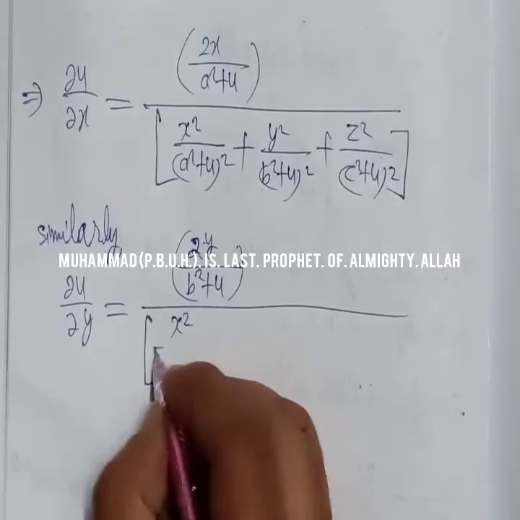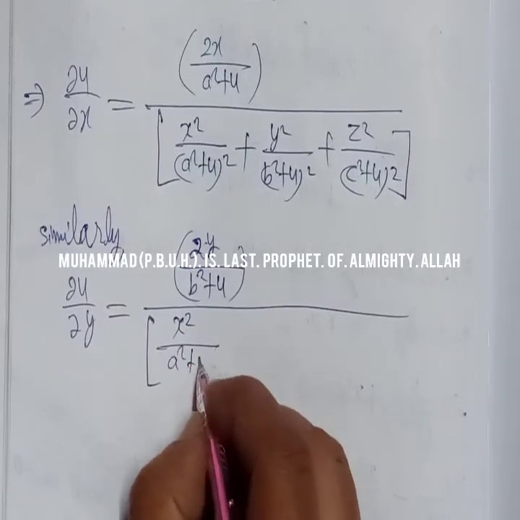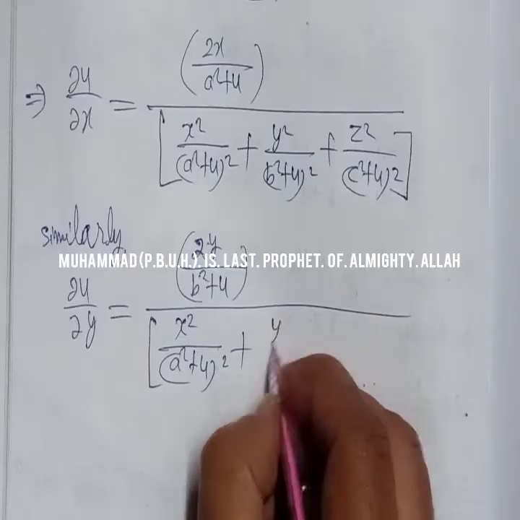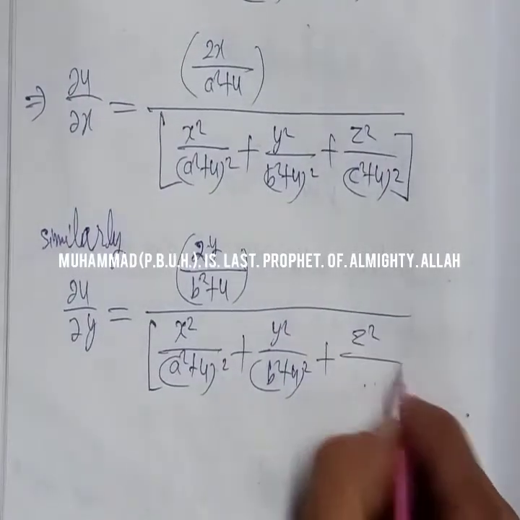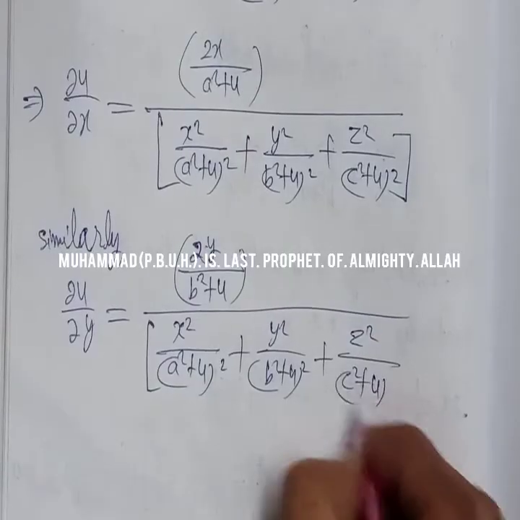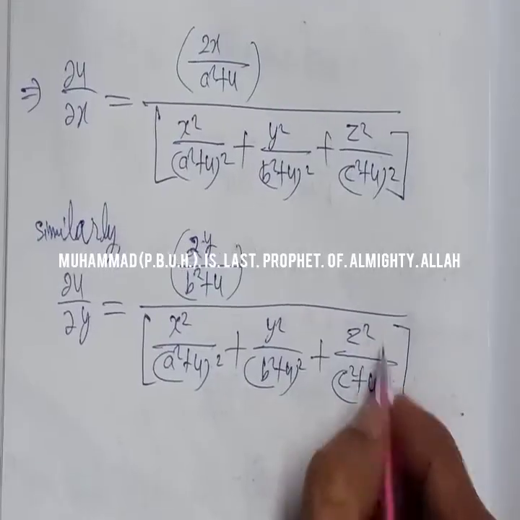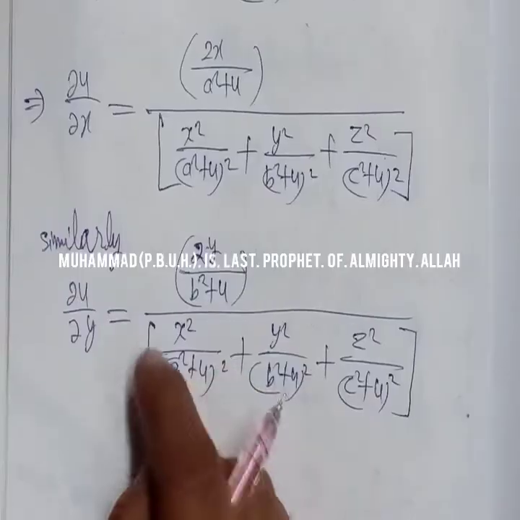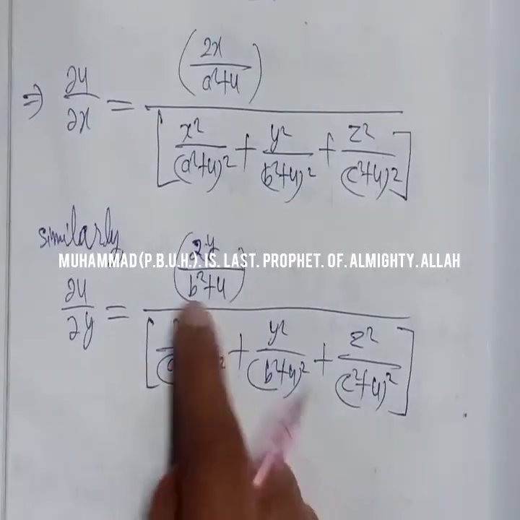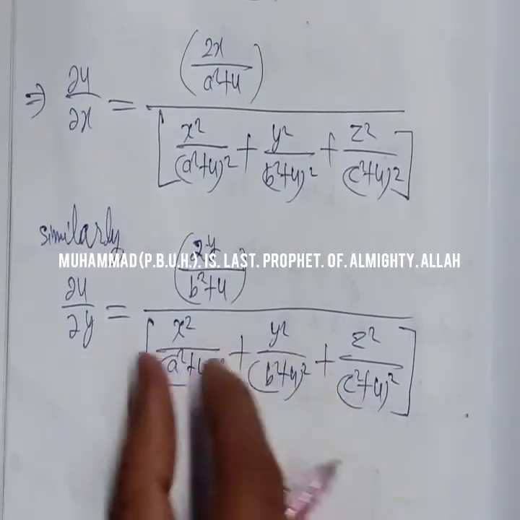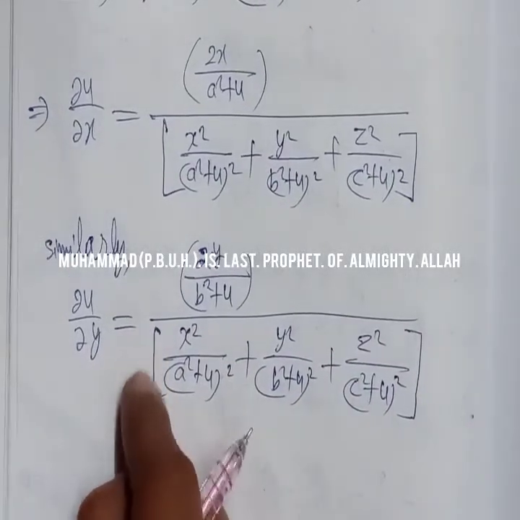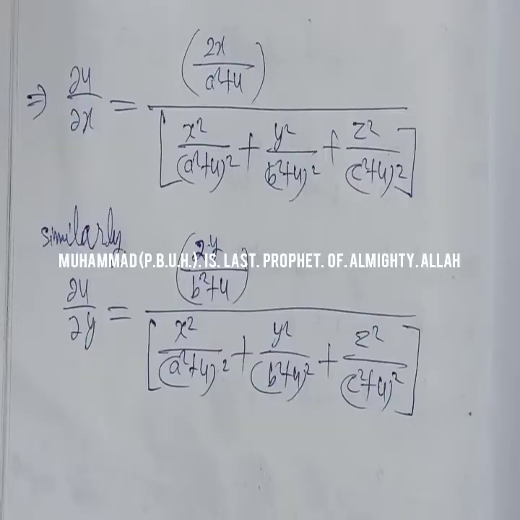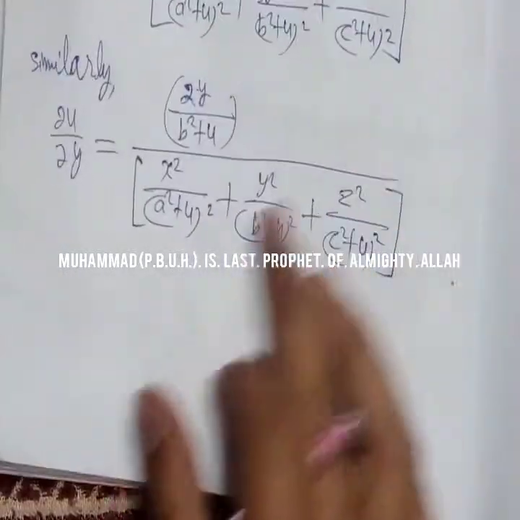So in all cases this value is the same: a square plus u whole of square plus y square upon b square plus u whole of square plus z square upon c square plus u whole of square. For convenience of writing this value, you can use a sigma by writing the first term or any term and writing sigma before it. But I write all values for the sake of the students' understanding.